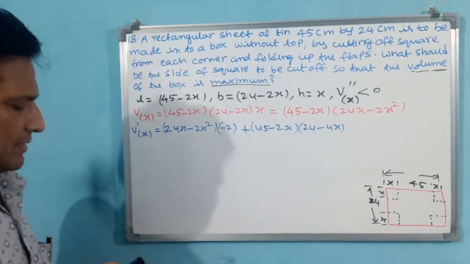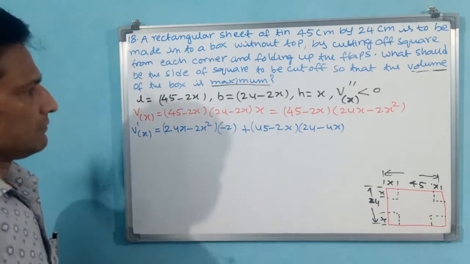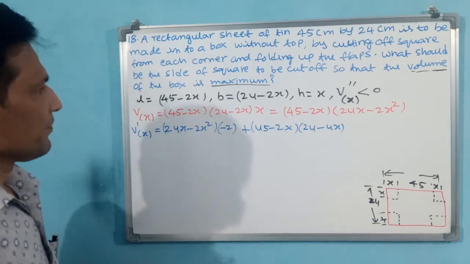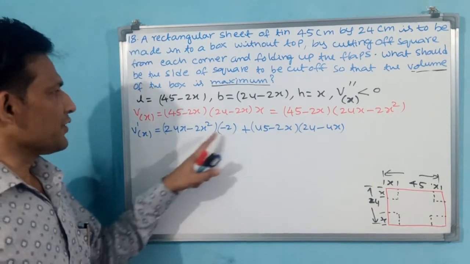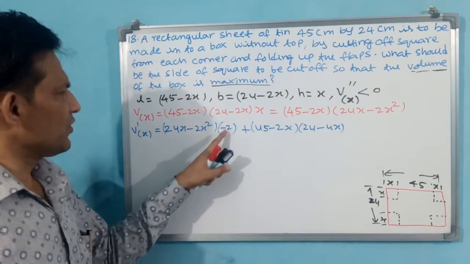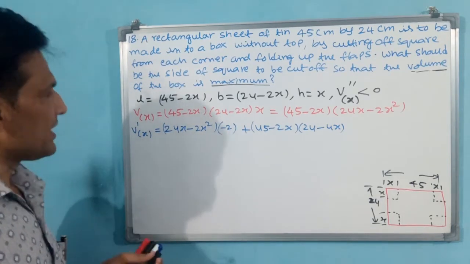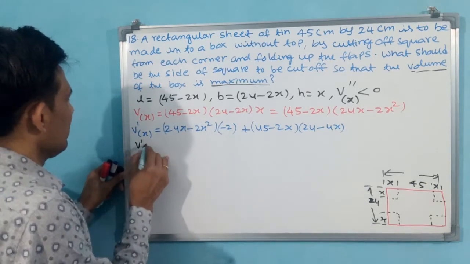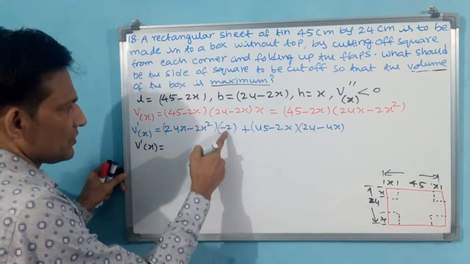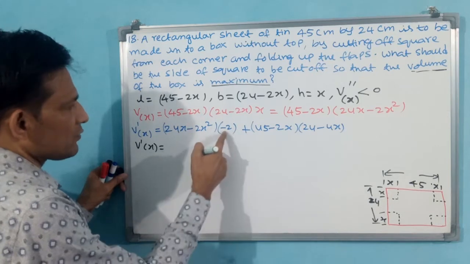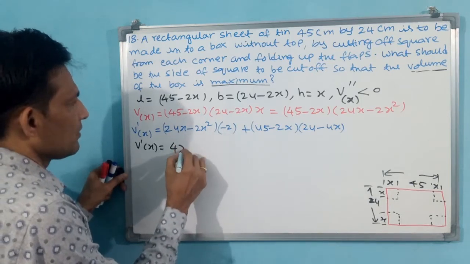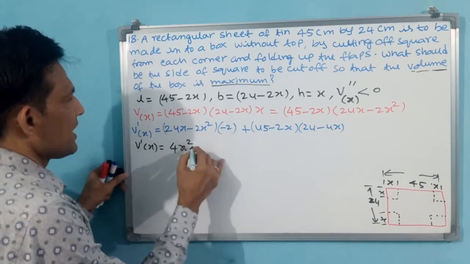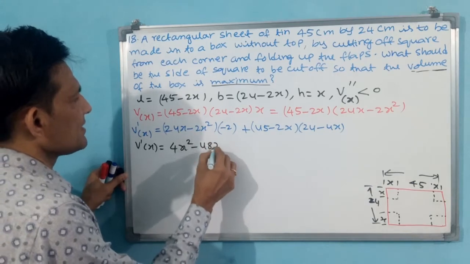Is it okay? Yes. See, this is negative, so here positive will come. V dash x is equal to minus 2 times 24x minus 2x square, plus 45 minus 2x times 24 minus 4x.